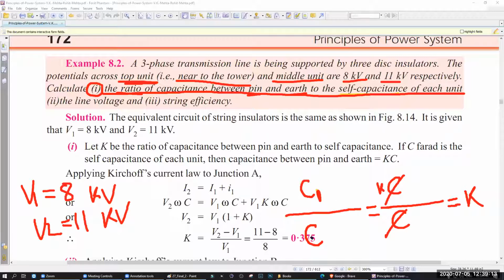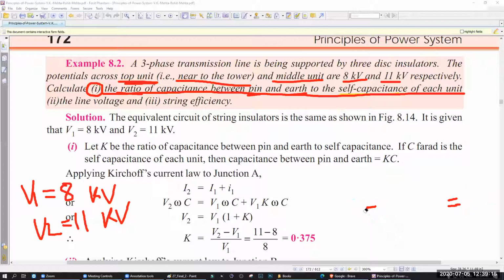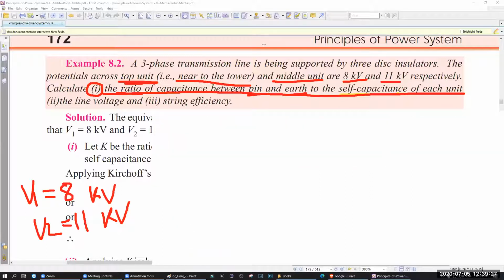Now how to find out? Let me give you one example. You do not have to apply the KVL every time. We already know V1 is equal to 8 kilovolt, V2 is equal to 11 kilovolt. What is the formula of V2?